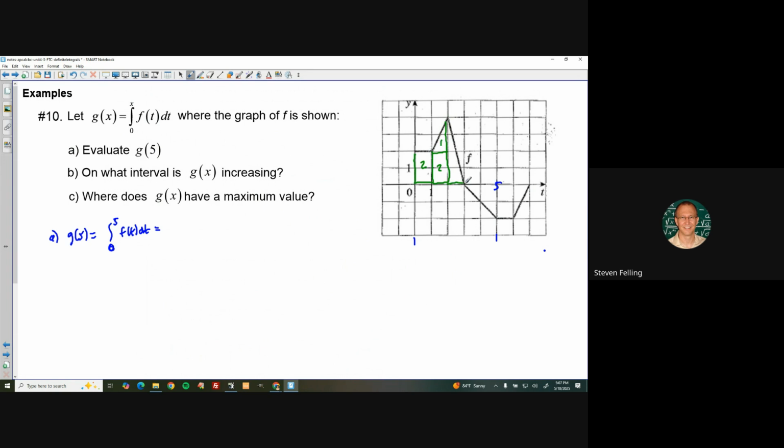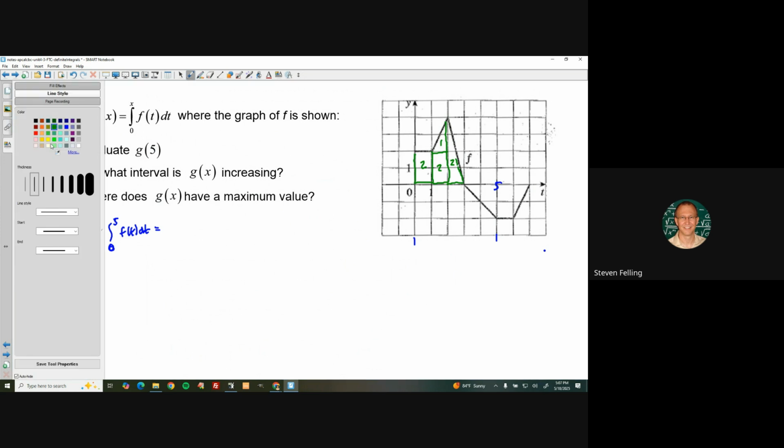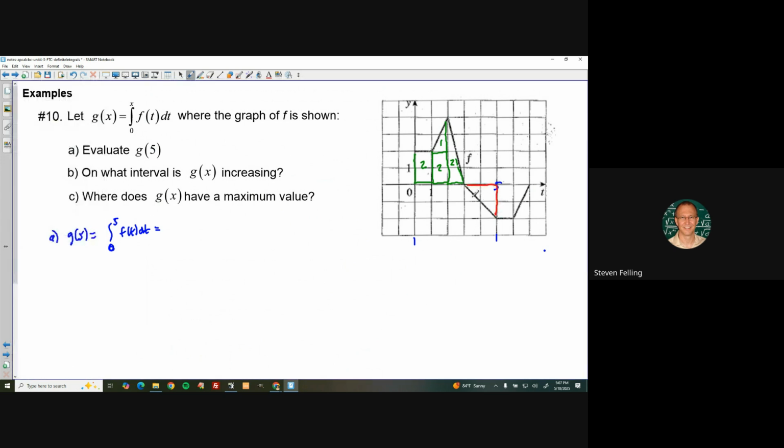And then we have a triangle here, which is half of this rectangle. There's 1, 2, 3, 4 units, divided by half is 2. And then we also have some negative area down here. So this is a triangle that is 1, 2, 3, 4 divided by 2, that is a -2 area. This is a -2 area. And this is an area of 2 cut in half, -1.